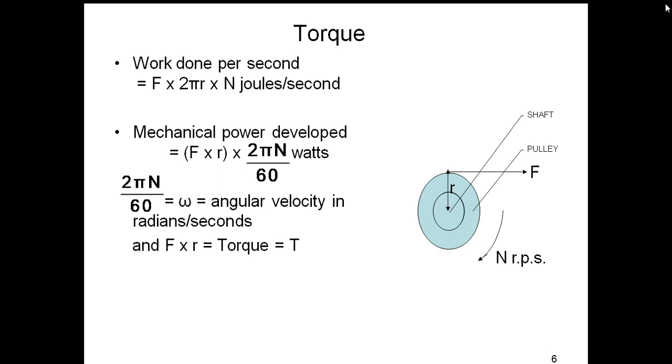And we also know that force into radius is nothing but torque represented by T. So from this the power developed P is equal to T into omega. You can write it as 2 pi N T by 60 watts.